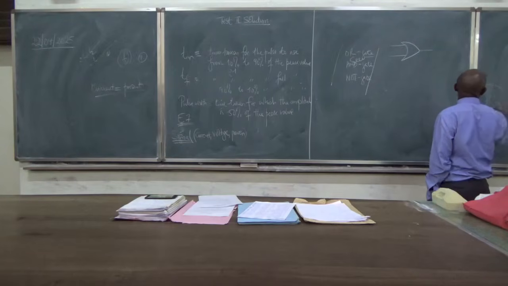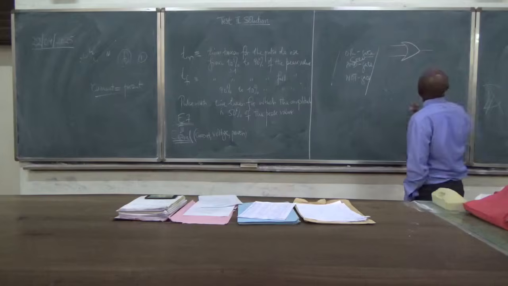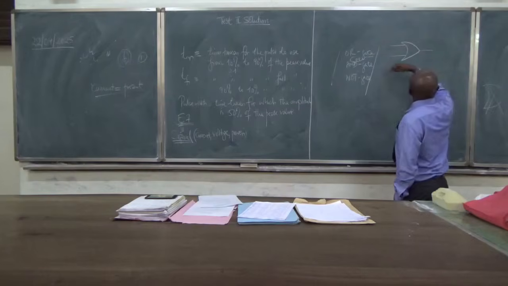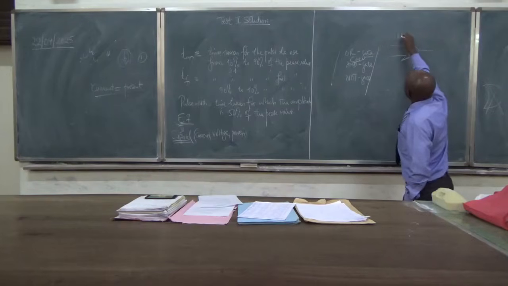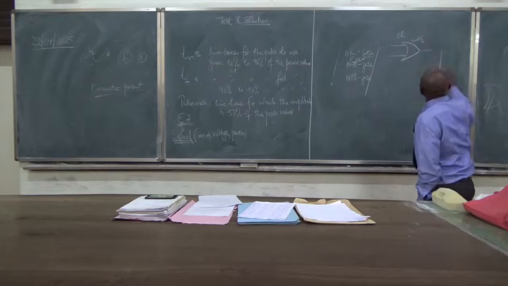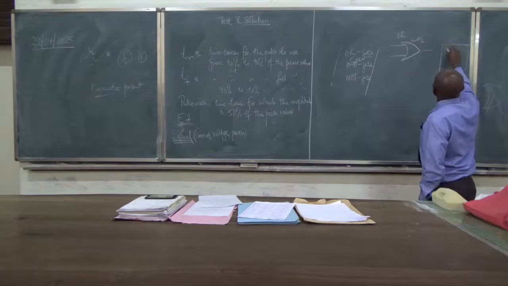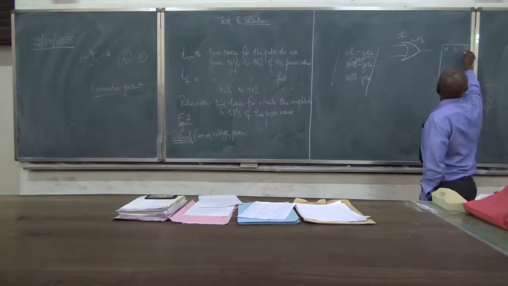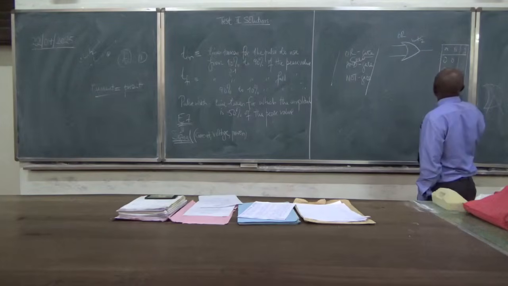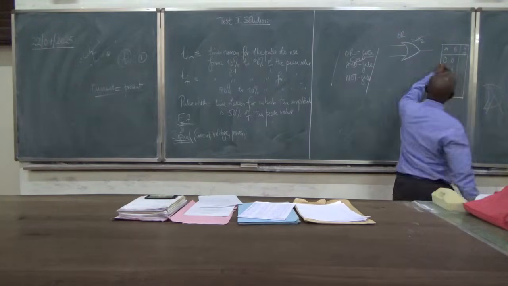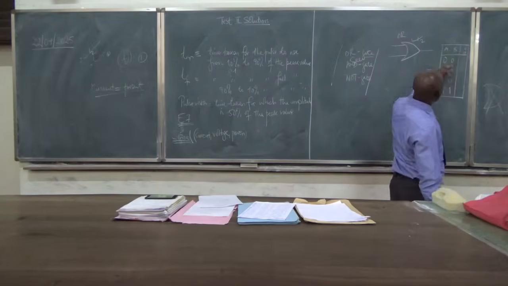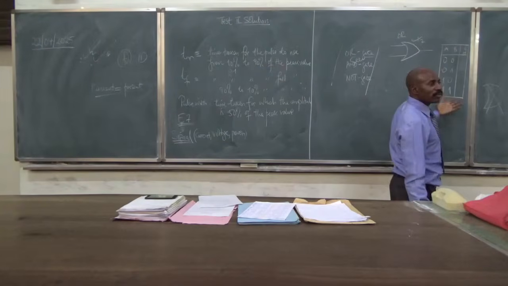This is not an OR. So this is the OR, and I will give you a half, and then the truth table A, B, Y: 0, 0, 0, 1, 1, 0. There are people who really want to cause problems. There are those who just put 0, 0, 1, 0, 0, no, 1, 1, 0, 1.